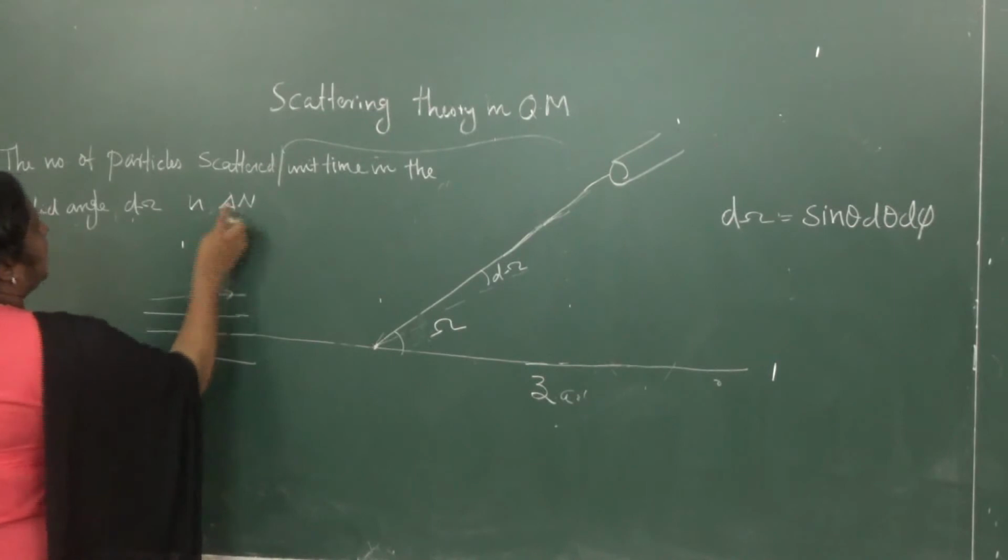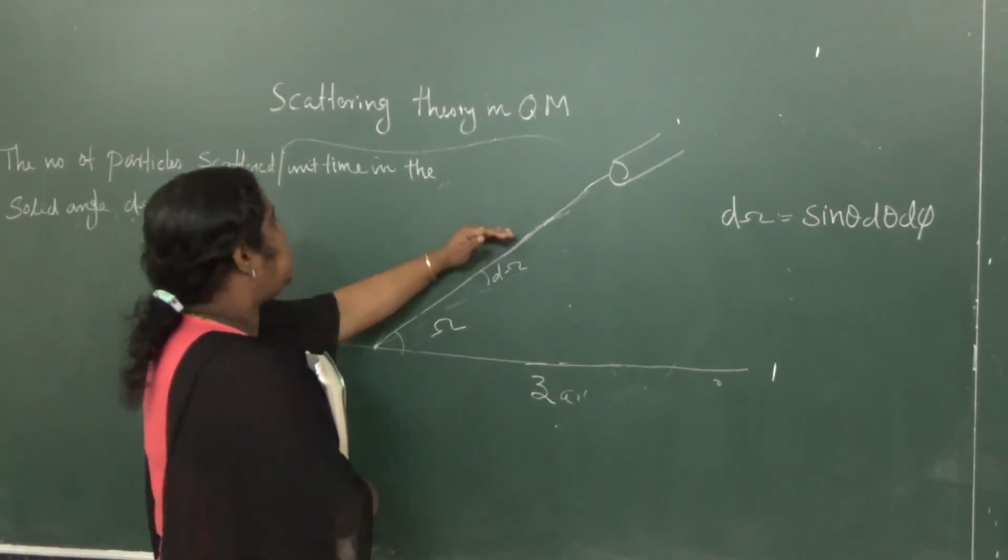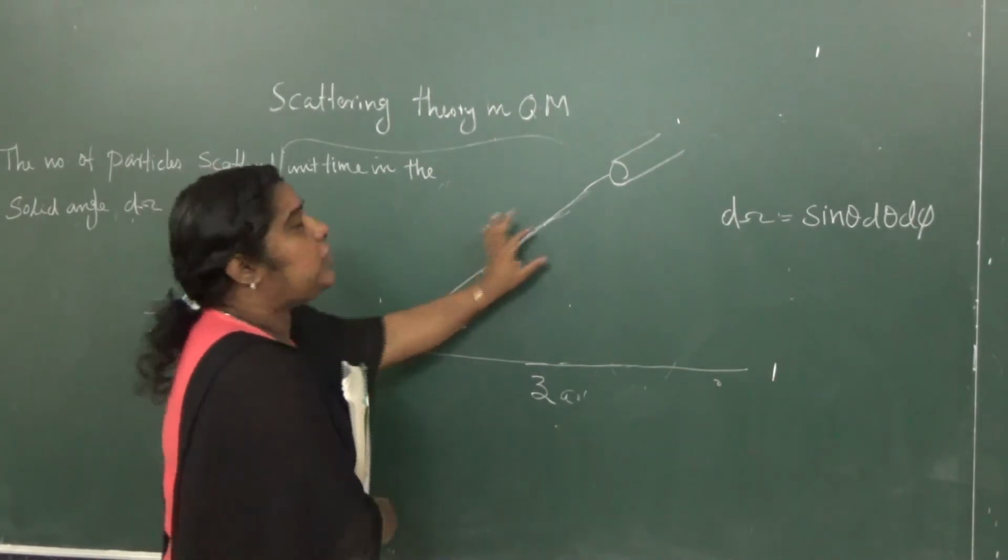Okay, where delta n is the number of particles scattered per unit time in this small solid angle.